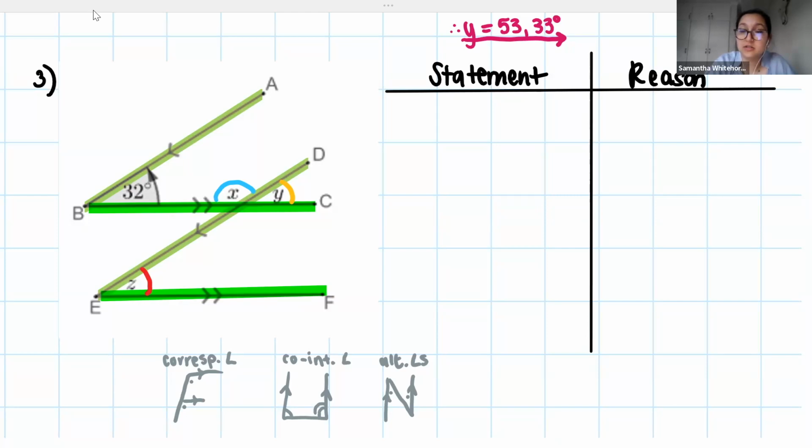Okay, guys, I'll give you a hint. X is not 32. So if you're saying X is 32, I want you to go back and double check your working out. X is not 32. I'm going to give you 2 more minutes and then I'm going to go through it.